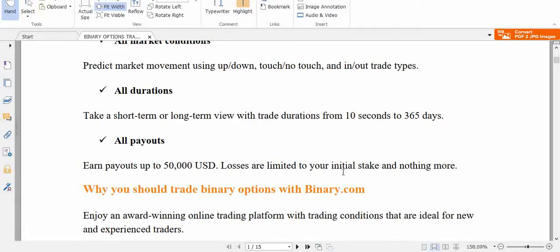Losses are limited to your initial stake and nothing more. You only lose the stake. For example, if losses have accumulated when you are using a bot that is recovering the loss as a martingale, each and every time the bot initiates a trade, that loss becomes the stake for the next trade.